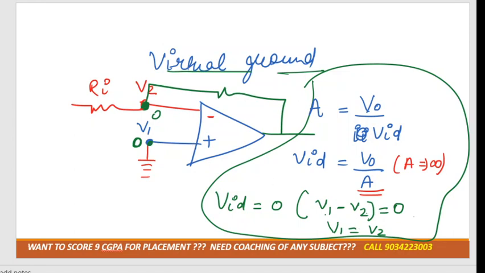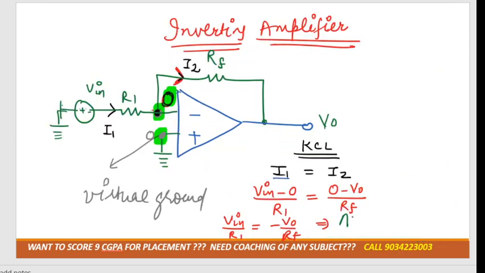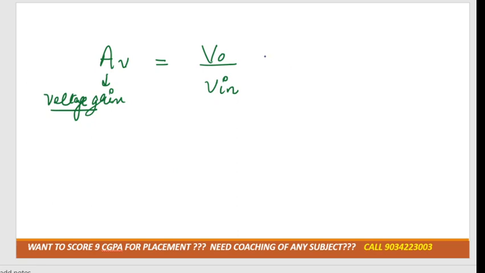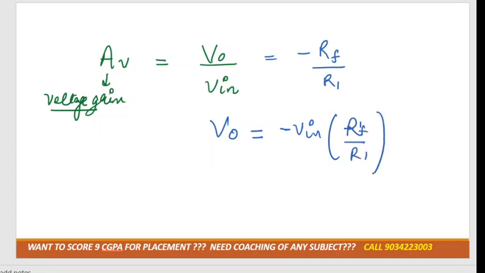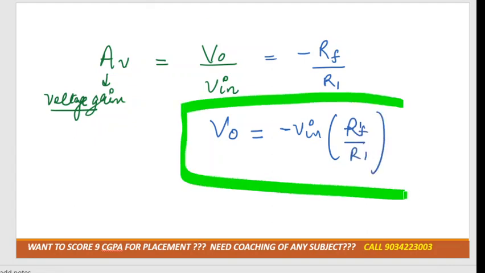So from this, if I calculate V naught by V in, it is minus RF by R1. I just simply interchanged this, right? So V naught by V in is minus RF by R1. If I want to calculate the output voltage V naught, it is V in multiplied by minus RF divided by R1. So this is the final expression for the output voltage.